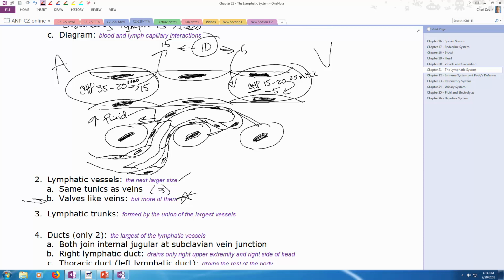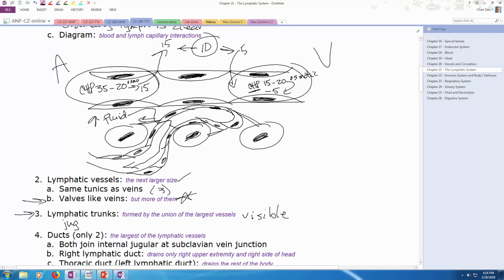So capillaries, lymphatic vessels, then we're getting larger, and we now come to what are called lymphatic trunks. And these are indeed formed by the union of the larger vessels and are visible. You guys can actually find them. And when we find the trunks, they're typically associated in various areas. And we'll give them names, because now we can see them.